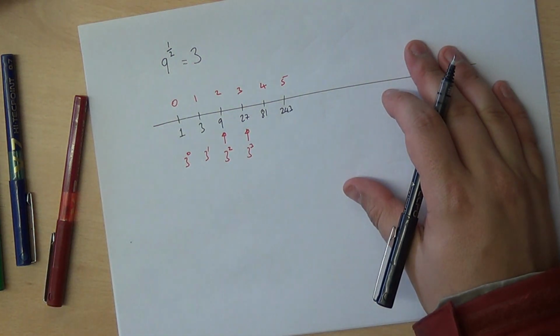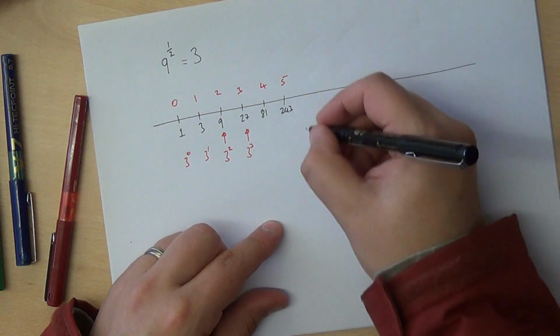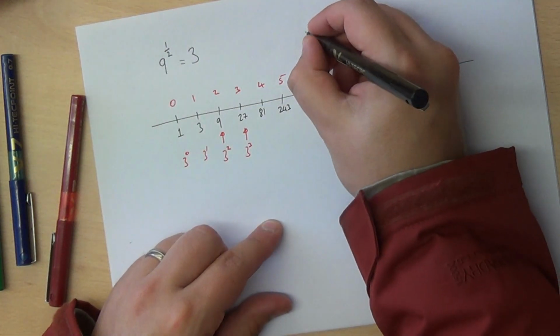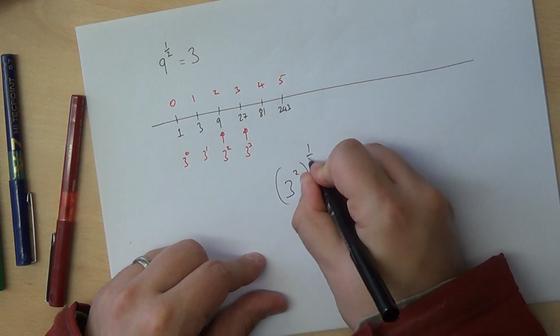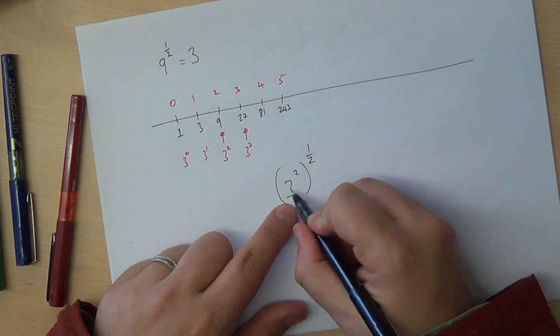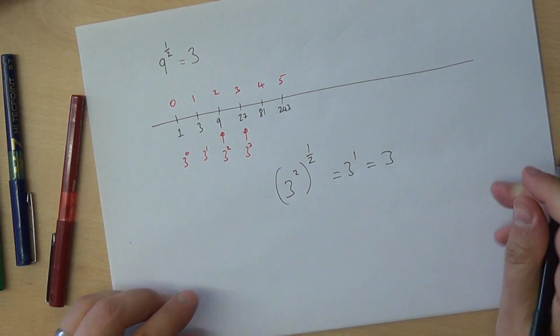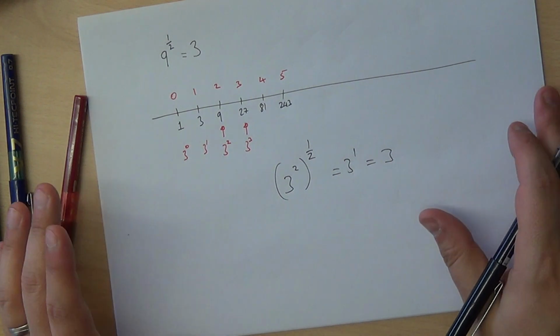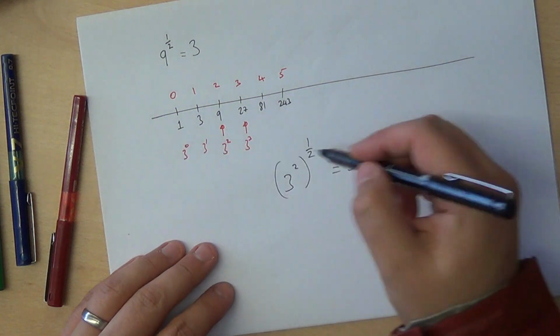Another way to interpret this is to think about the fact that 9 is 3 squared. So this is actually the same as 3 squared to the power of a half. Well, we know our index laws for this. 2 times a half is 1. So that's 3 to the 1, which is 3. So my question then would be, what do we know about 3 and 9?